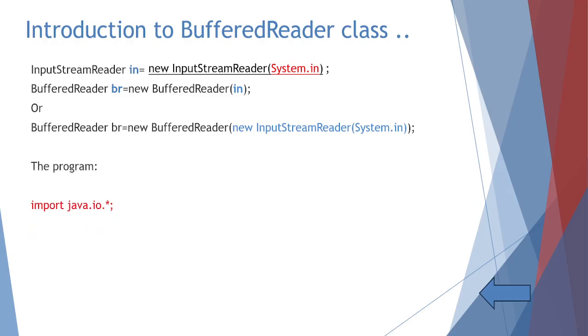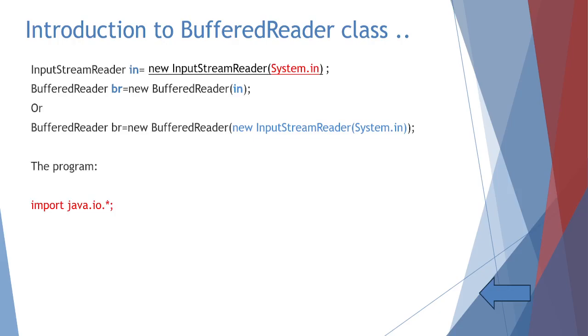So the starting of the program should be like this. Because BufferedReader and InputStreamReader are two classes we have in java.io, we import the package java.io.* with the asterisk sign, because there is more than one class.